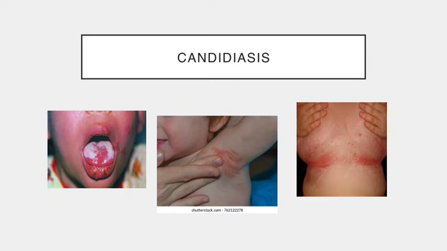The photo on the left is a very obvious picture of oral thrush, but you can see this in all age groups as depicted here in the child, and it's usually in areas of folds.